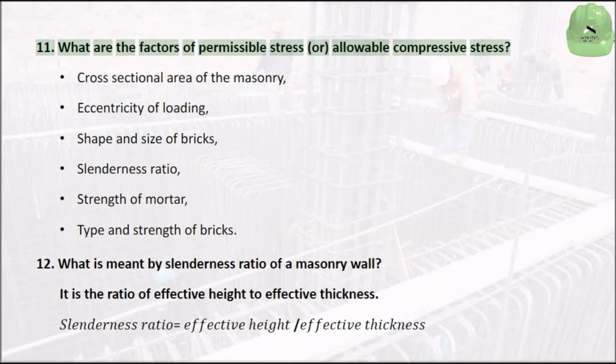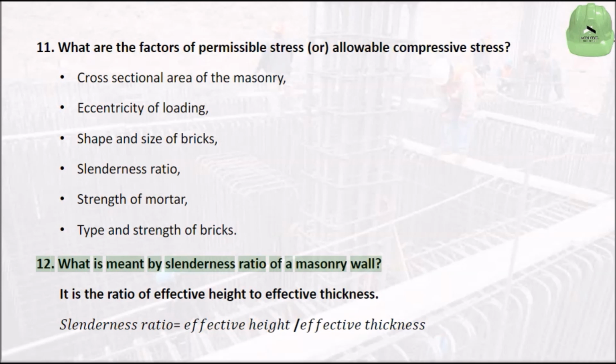What are the factors of permissible stress, or allowable compressive stress? Cross-sectional area of the masonry, eccentricity of loading, shape and size of bricks, slenderness ratio, strength of mortar, type and strength of bricks.